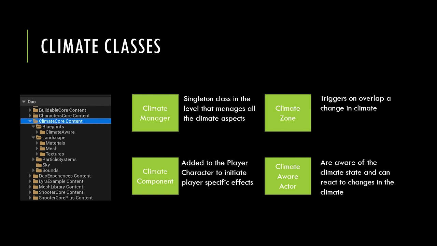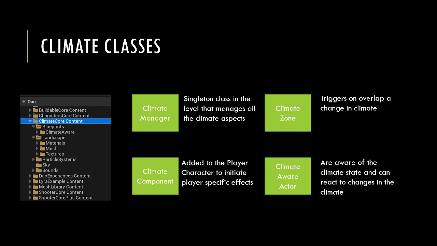The climate component is added to the player character, and its primary job is to use player-related effects, such as particle systems and sound effects, that really are just isolated around the player and only seen by the player, not other players, as they create an effect of being either in the rain or in another climate environment.